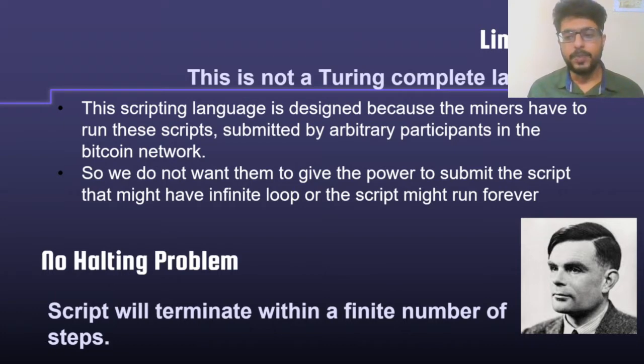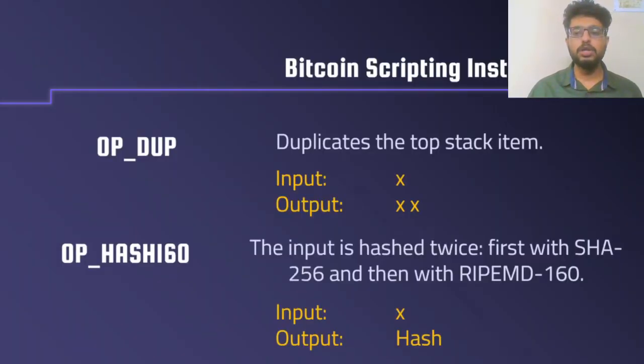So it cannot be exploited by miners for their own benefit. Since this is not a Turing complete language, we don't have the halting problem. Any Bitcoin script will surely terminate within a finite number of steps, which is just the number of instructions in the script.